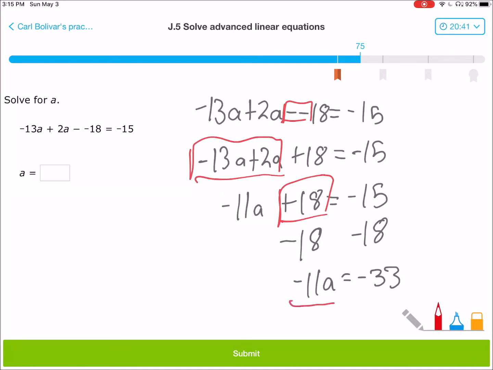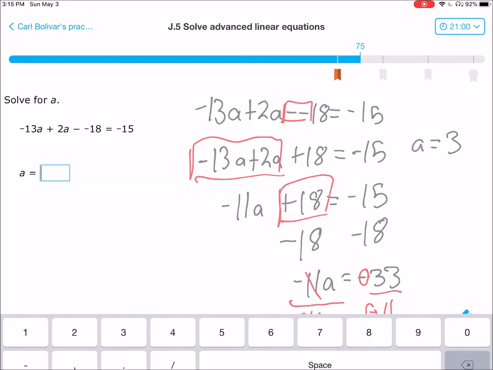Now I'm going to divide by negative 11. This is a negative and a negative, so that should be a positive number. So a is equal to positive 3 because 33 divided by 11 is 3. So let's put 3 as our answer.